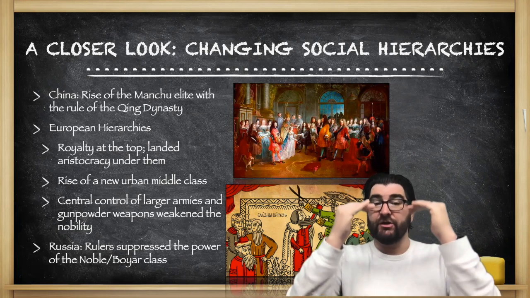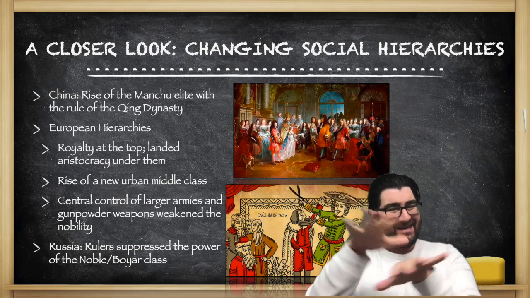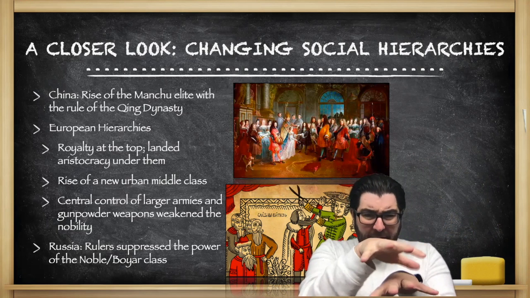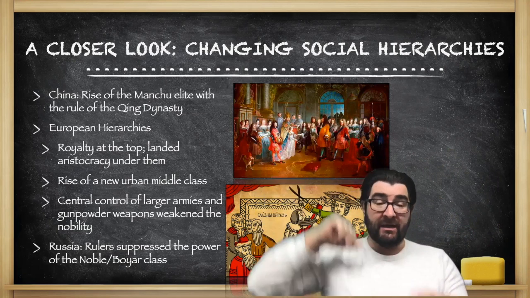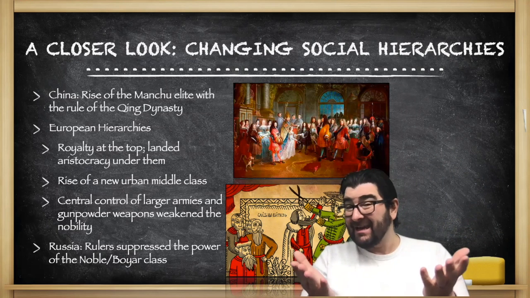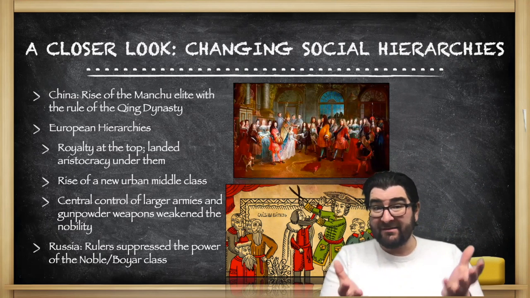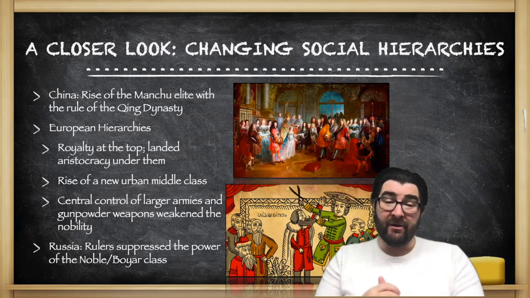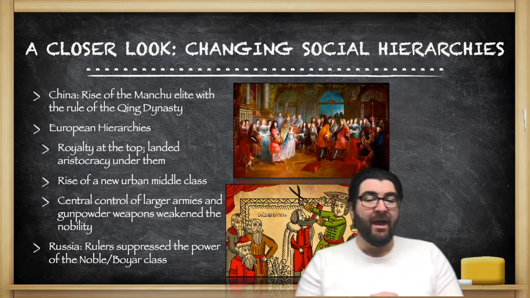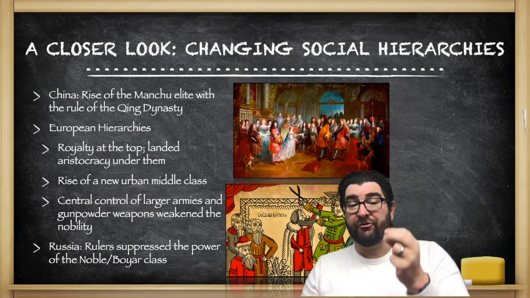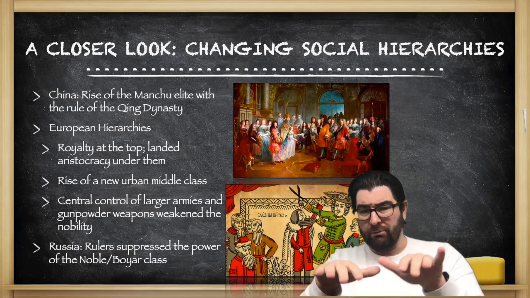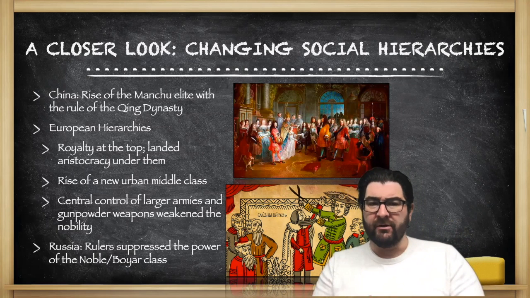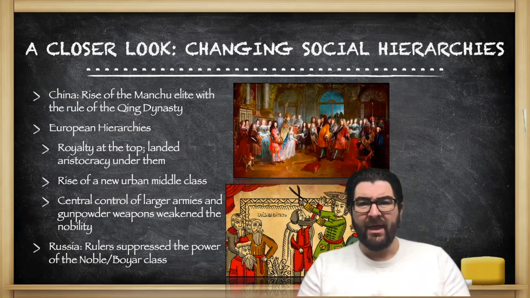So this is a new urban middle class, not necessarily economically a middle class, but a new social class between the nobility and the peasant class. Economically, some of this middle class is going to end up being even wealthier than the nobility. Centralized control of larger armies and gunpowder weapons, though, will keep those nobles firmly under that central monarch.